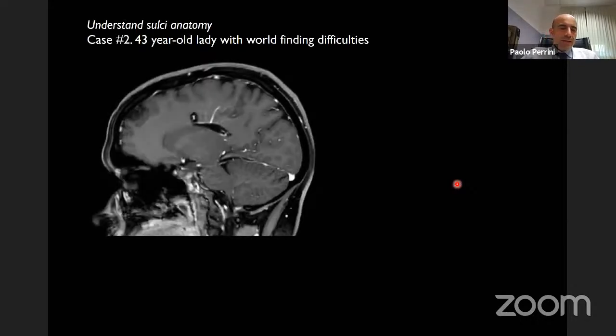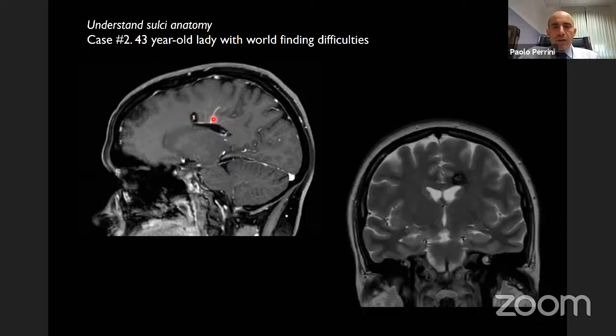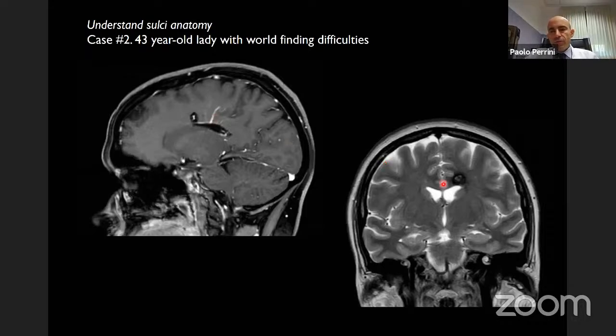This is another case. This is a deep lesion. This is a cavernous malformation with an associated venous developmental anomaly. The lesion is just on the roof of the lateral ventricle, and this lesion is lateral to the cingulate gyrus. How can we approach this lesion?